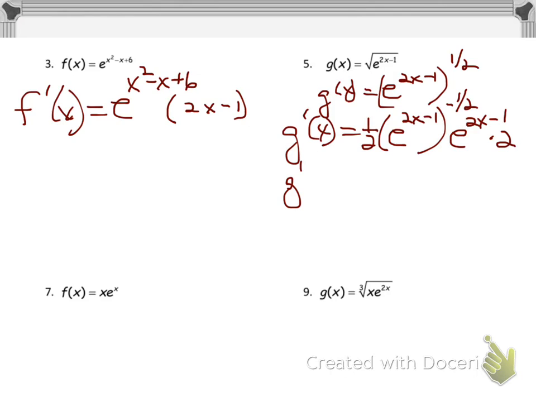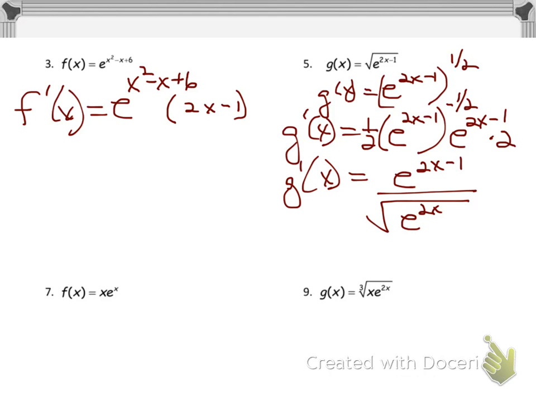Okay, so let's take another second to clean this up a little bit. The 2 in the back cancels the 2 in the front, so I'm just going to end up having e to the 2x minus 1 in the numerator, and then radical e to the 2x minus 1 in the denominator.